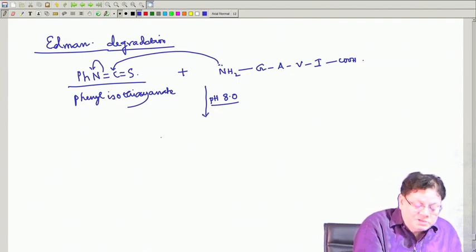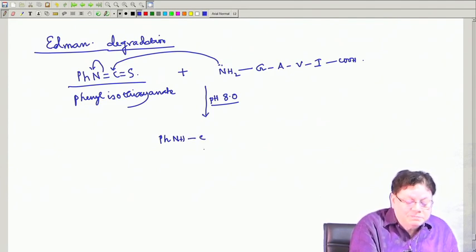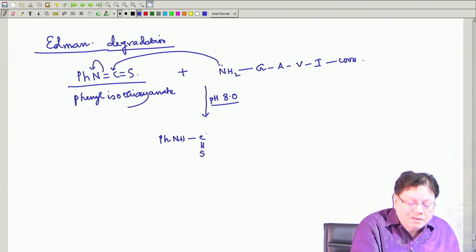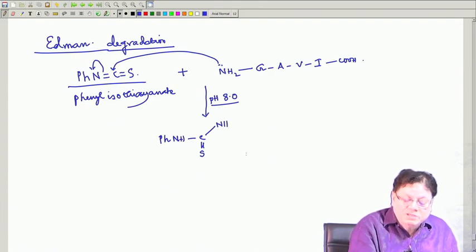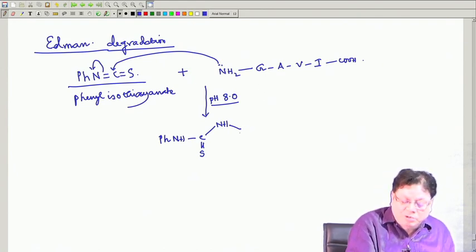So, what you will get is PhNH, then C, double bond S, then NH, this NH is from the amino acid N-terminus, and then you have glycine. So, take only G and then you have alanine.